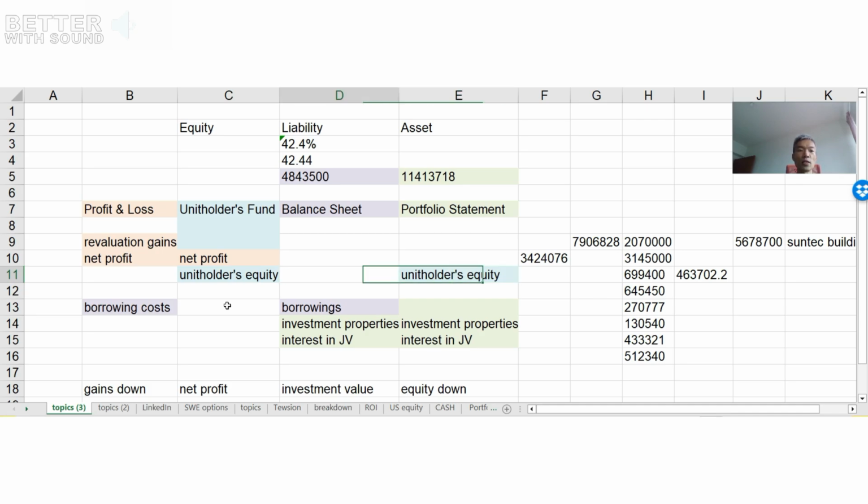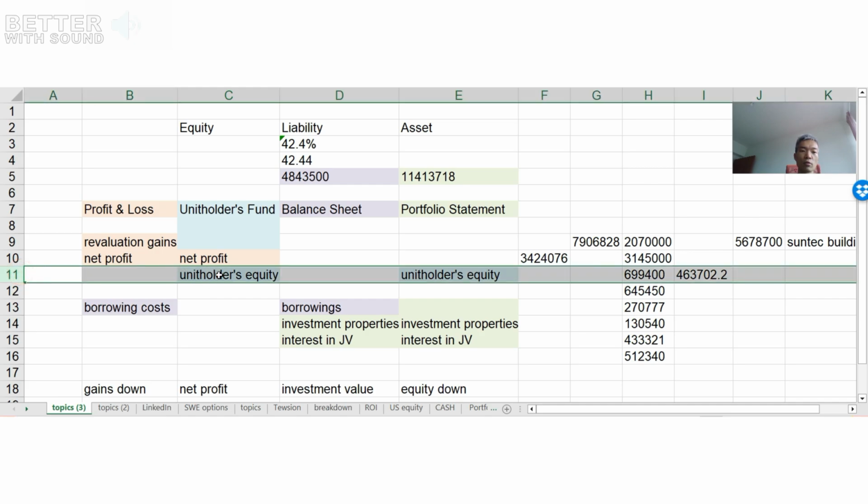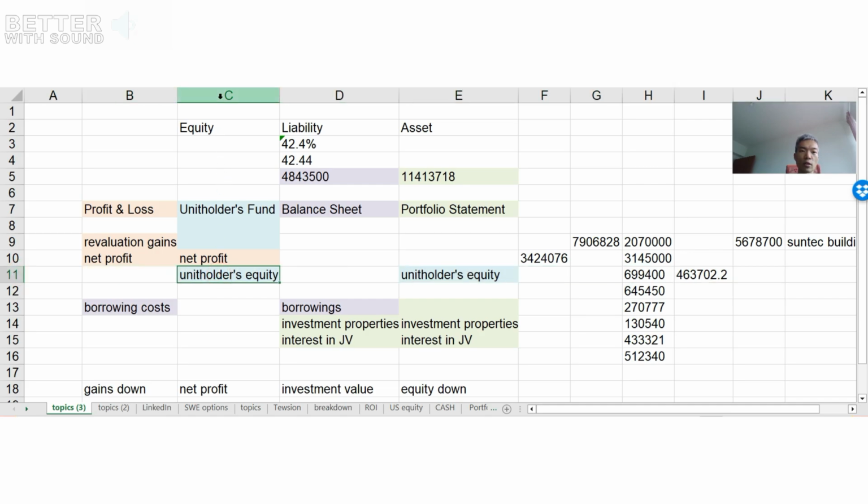So you see that at row 11, you see unit holders equity in column C and unit holders equity in column E under the portfolio statement. This portfolio statement also includes two other items.